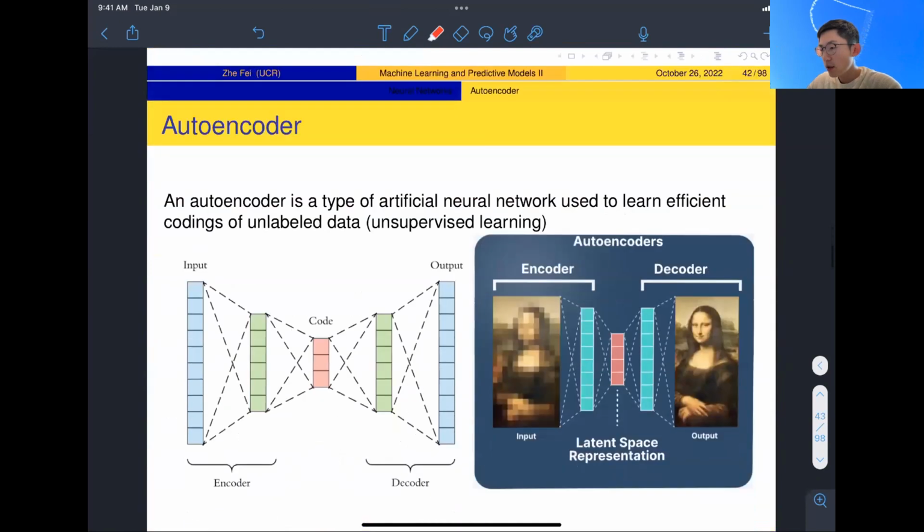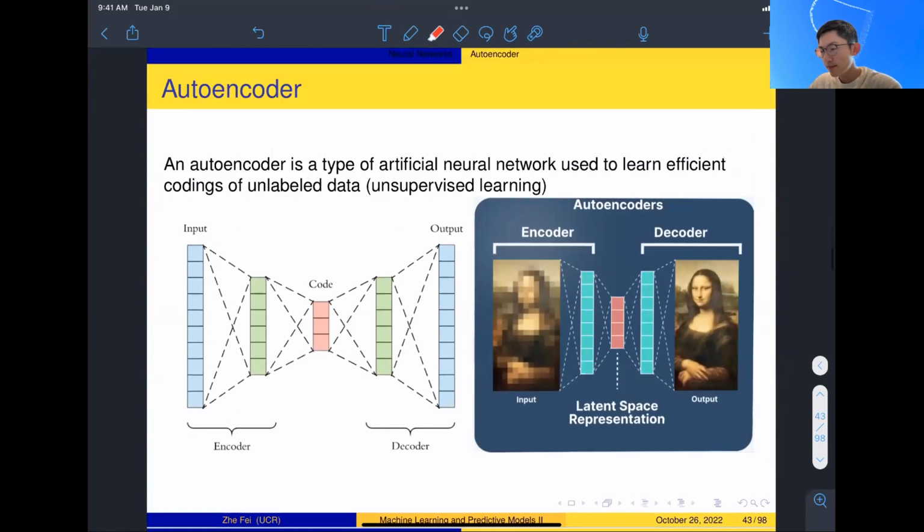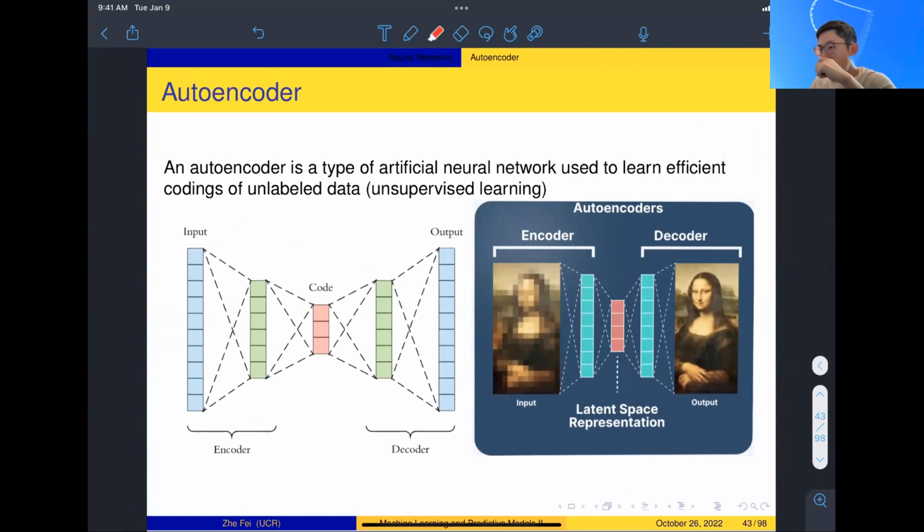Okay, so one more example that also builds upon CNN. From CNN, people could take a step forward and define the so-called autoencoder. Autoencoder is a type of neural network model, and it has two parts, the encoder part and the decoder part.